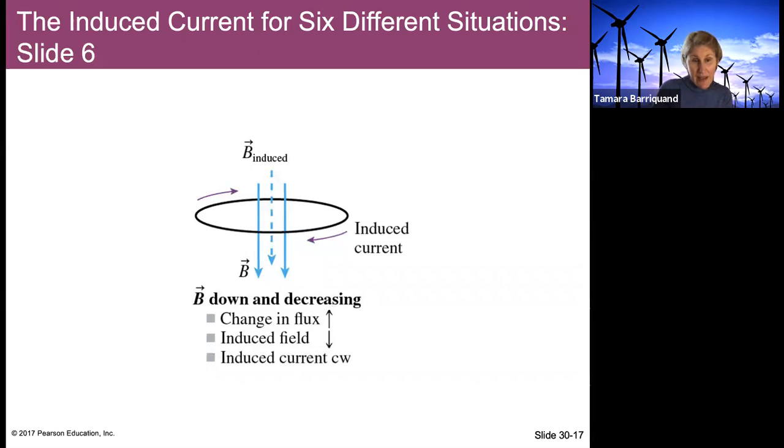Now, let's say that our magnetic field is down, but it's decreasing. This is the stranger one. Even though the magnetic field is down, it's decreasing. So the change in flux is actually in the upward direction. So even though the magnetic field itself is pointing down, it's decreasing.